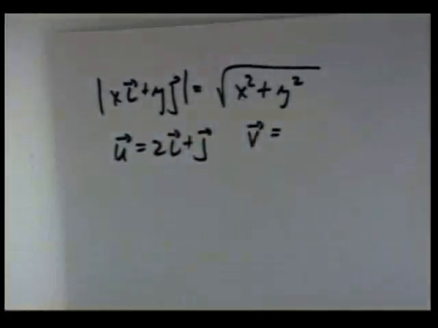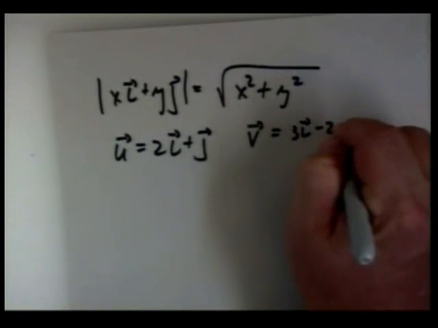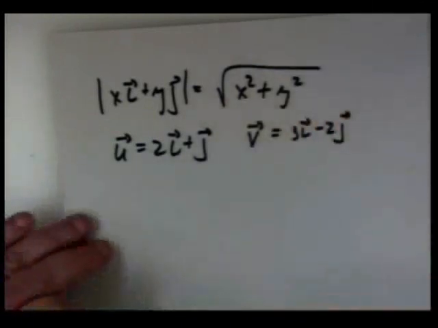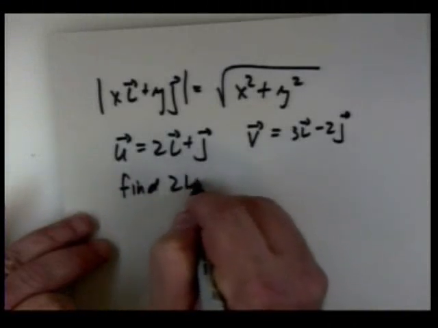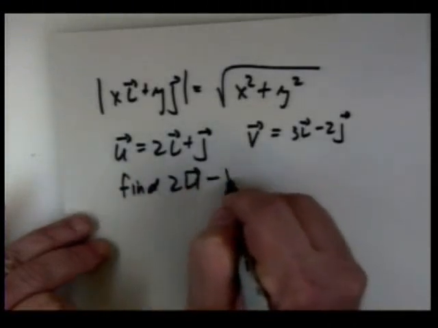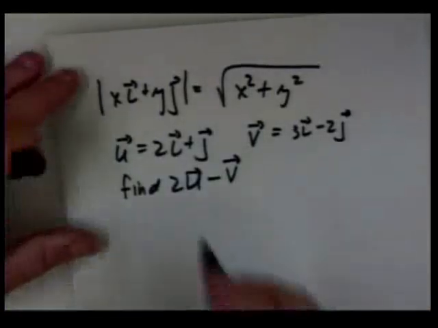Let's suppose vector u is 2i plus j. Vector v is going to be 3i minus 2j. I want to find twice vector u minus vector v. Well, it's just a substitution.